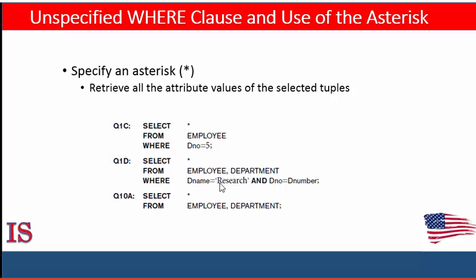And dname is equal to research. And in this last one, we're selecting all the attributes from the employee table and the department table, and you'll notice that there is no where clause, which means it's going to retrieve every possible combination of attributes from the two tables. Probably not a particularly useful query.